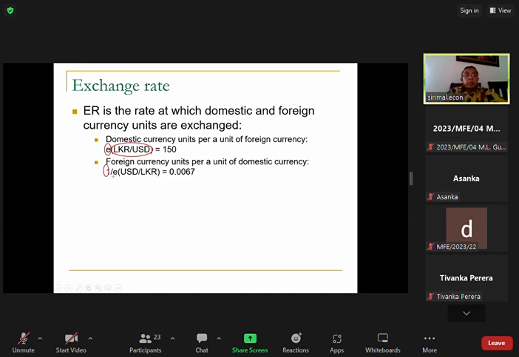So you get the inverse by dividing 1 by this one, and then you get $0.0067 per rupee. So the exchange rate can be expressed in both ways.